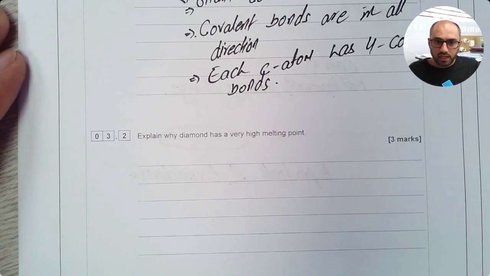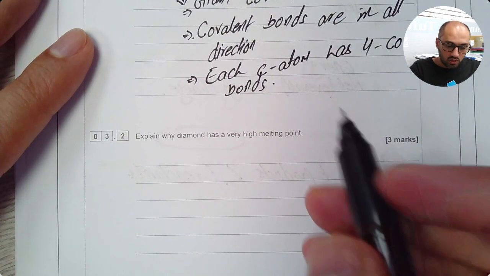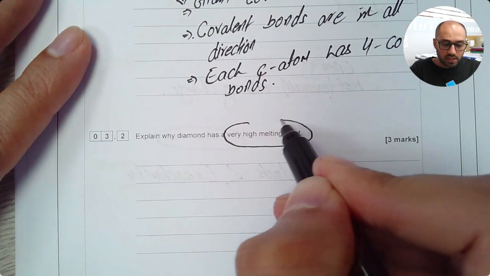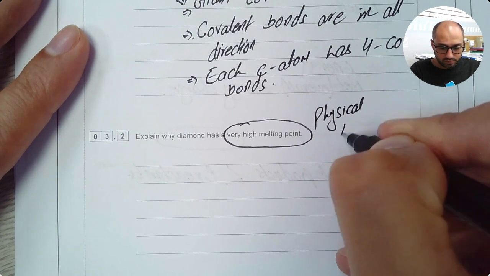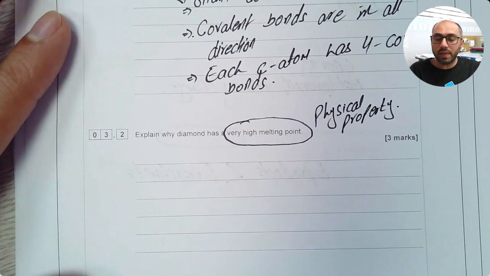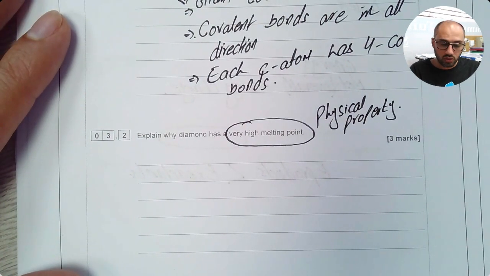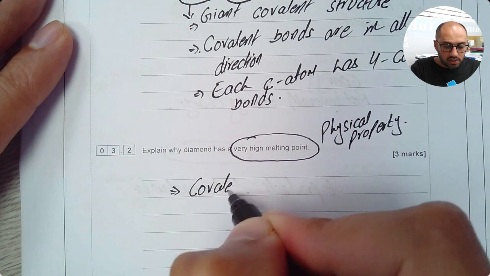Next part, it says explain why diamond has very high melting point. Remind yourself, melting point is a physical property. If it is a physical property, it will depend on breaking bonds. In this case, you'll have to say covalent bonds require breaking.